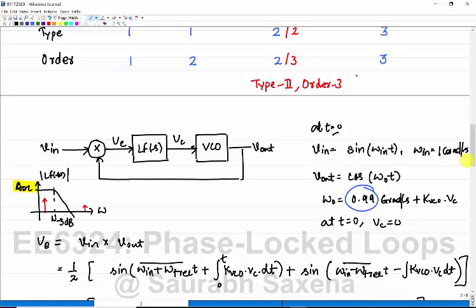When I start my PLL, if the PLL locks, then the control voltage, voltage error, and phase error will turn out to be in the negative feedback loop in such a way that my oscillator reaches the frequency of 1 gigaradian per second starting from 10 megaradians per second. That is the normal way a PLL can operate.